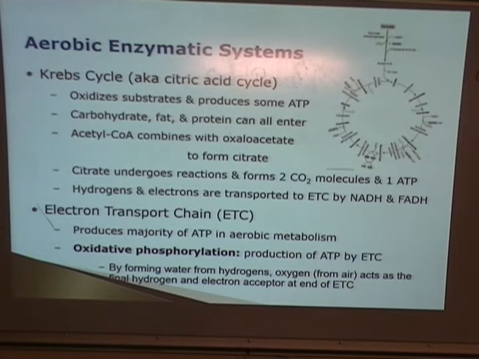So I said that the mitochondria is the place within the muscle cell where the most amount of ATP gets formed, right? Except it's not happening in Krebs cycle because we only get 1 ATP per cycle, okay? So Krebs cycle still is not the place where we're producing tons and tons of ATP, all right? That happens in the electron transport chain, part 2 of aerobic metabolism.